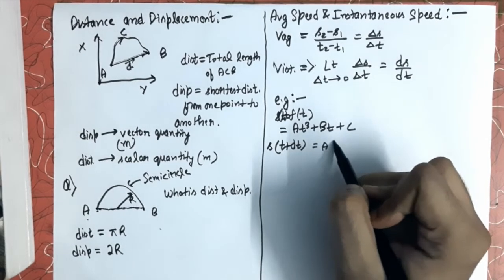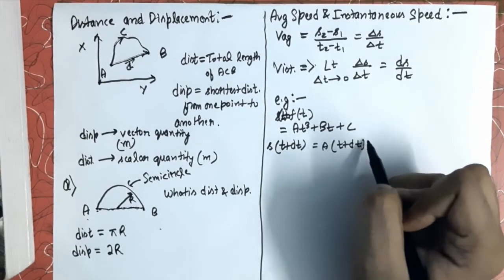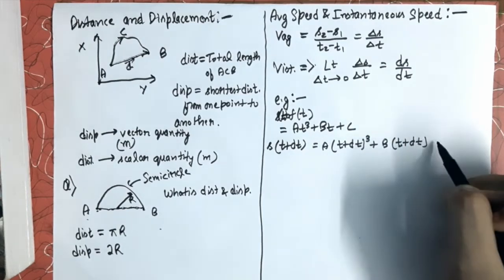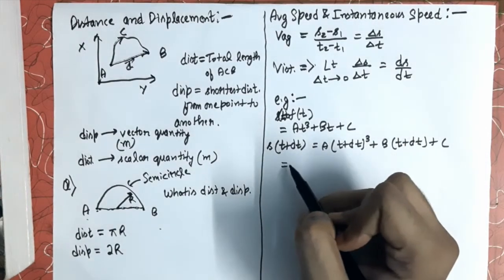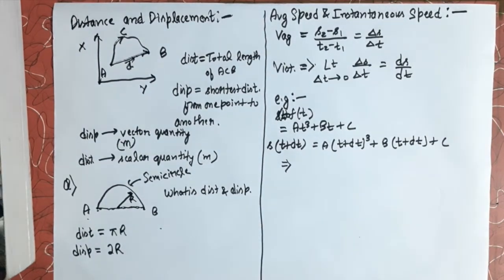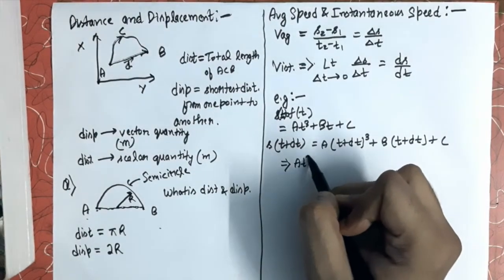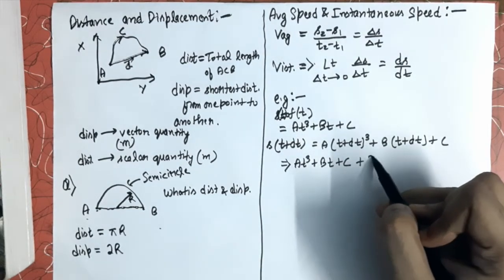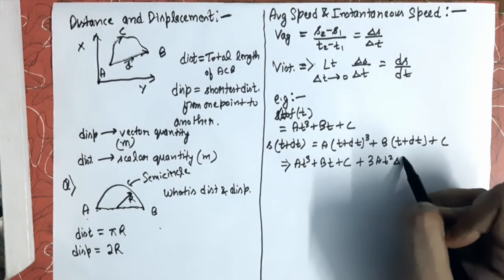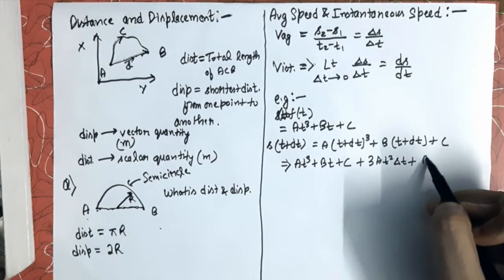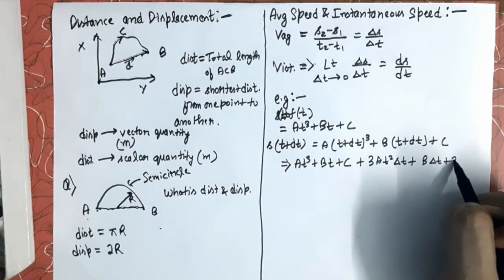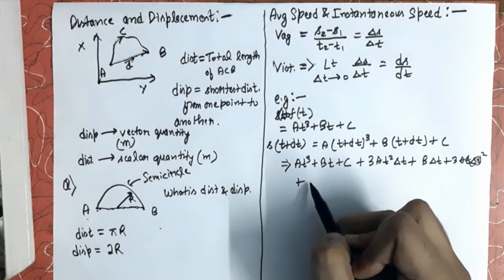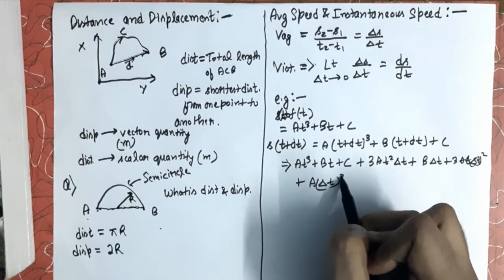This is a (t plus dt) whole cube plus b (t plus dt) plus c. If we solve this, we will get something like a t cube plus b t plus c plus 3a t square delta t plus b delta t plus 3a t delta t square plus a delta t cube.